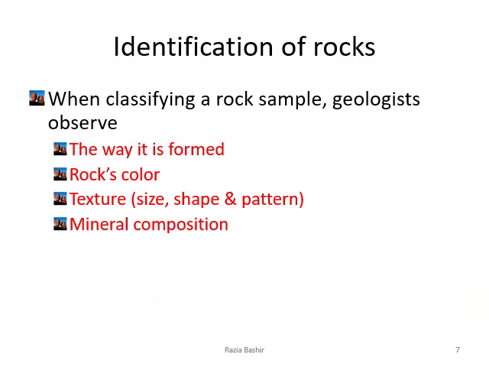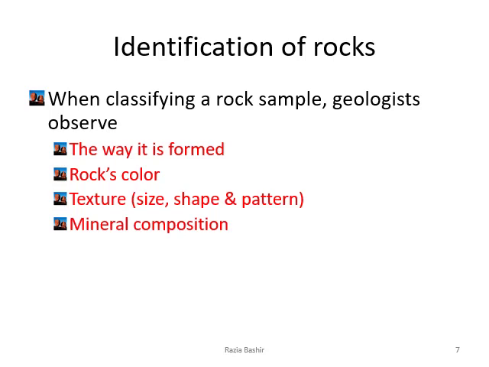For the practical purpose, our main focus is how to identify a rock sample. When classifying a rock sample, a geologist usually observes the following things: the process or way how they have been formed. The second thing that is observed while identifying a rock sample is its color.